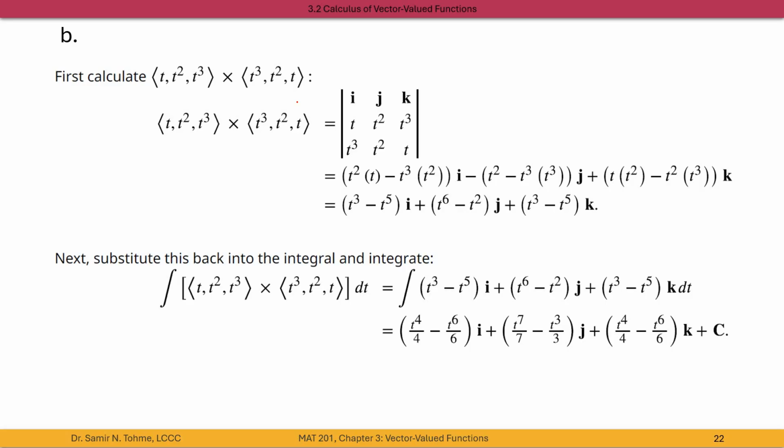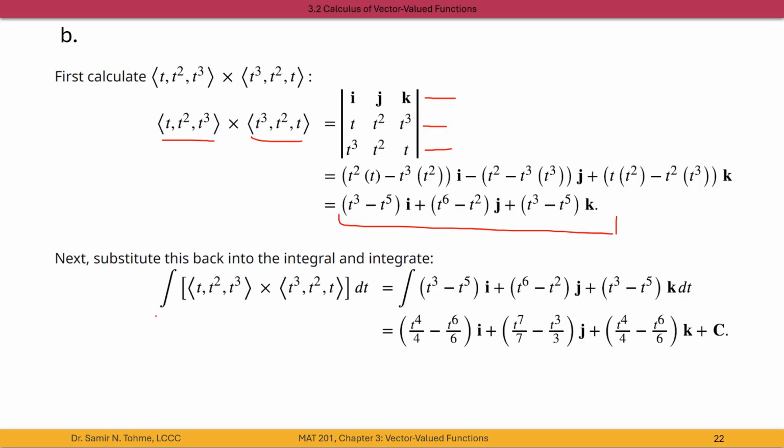First of all, we will use the determinant rule. In the first row, the i, j, k unit vectors. The second row will be the first vector, and the third row will be our second vector. Expand, evaluate this determinant. We've done this a lot in the previous chapter, and you're gonna get this vector.